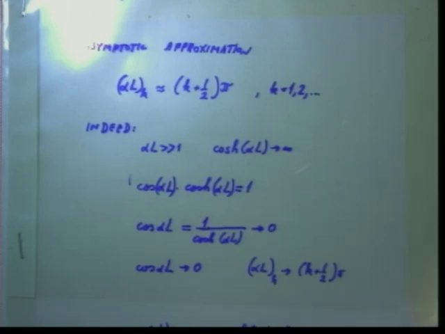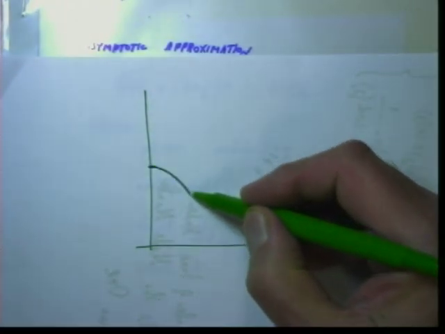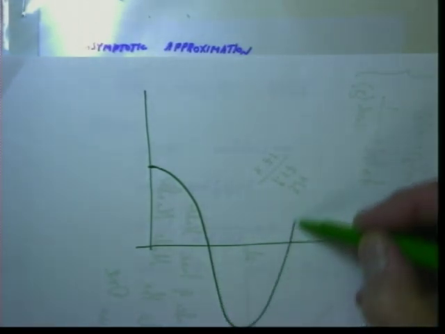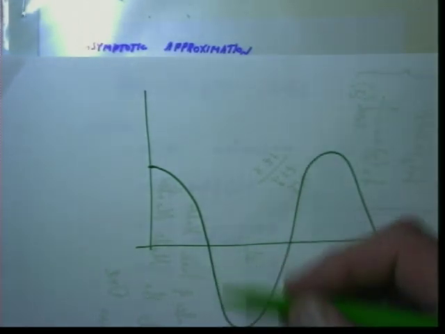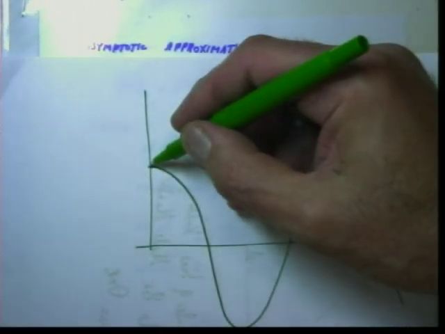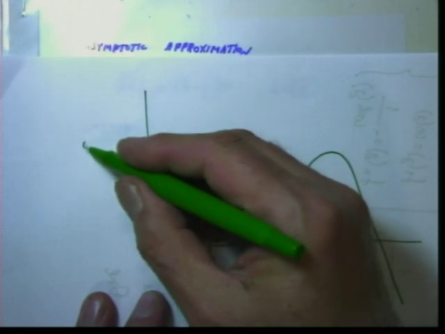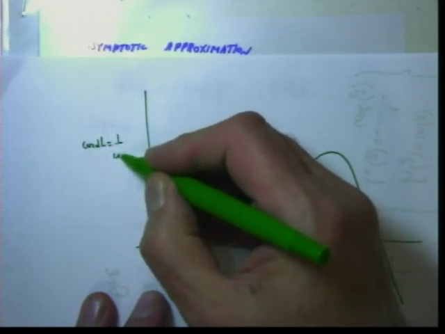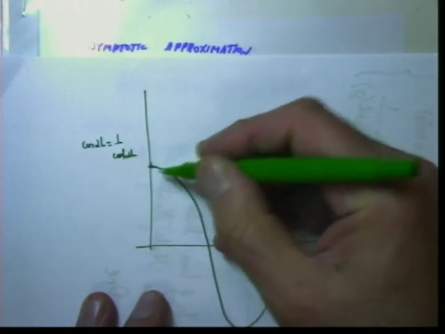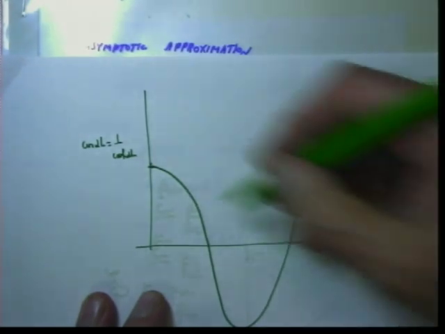And actually the same figure can be made. Okay, I will show this figure. So cosine starts here, etc. Now 1 over hyperbolic cosine starts at 1. Now we have cosine alpha L equals 1 over hyperbolic cosine alpha L. At 0 it is 1, and then it goes to 0.